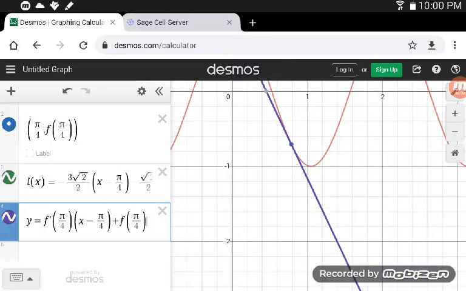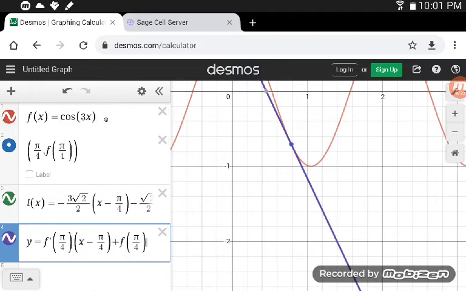That's nifty with Desmos, I can truly just tell it what I need here. I used my pi over 4, x, and then just the symbols of f prime and f. Up here I had to define what f of x was, but once I had it defined, I could just symbolically tell it what any tangent line would look like at pi over 4 for any function f, and it draws it for me.